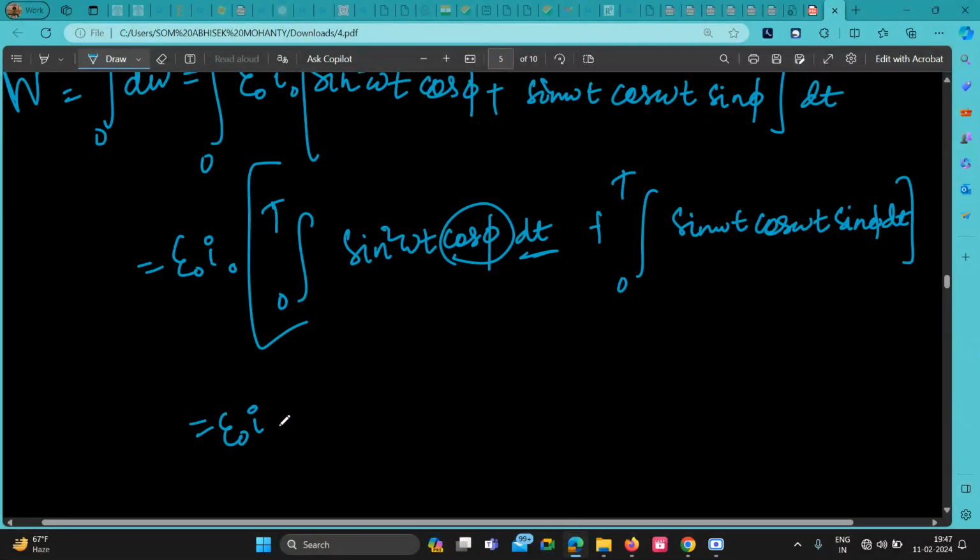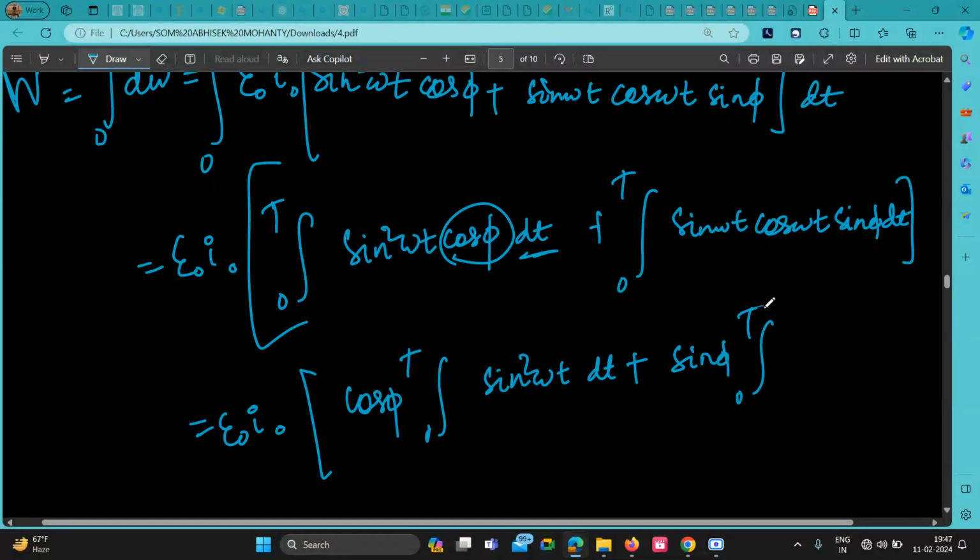So E naught I naught cos phi integral 0 to T sine square omega t dt, plus sine phi will come out, sine phi integral 0 to T sine omega t cos omega t dt.